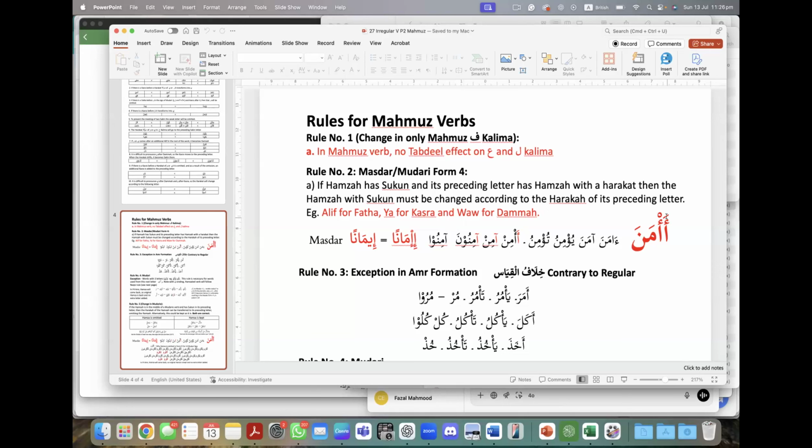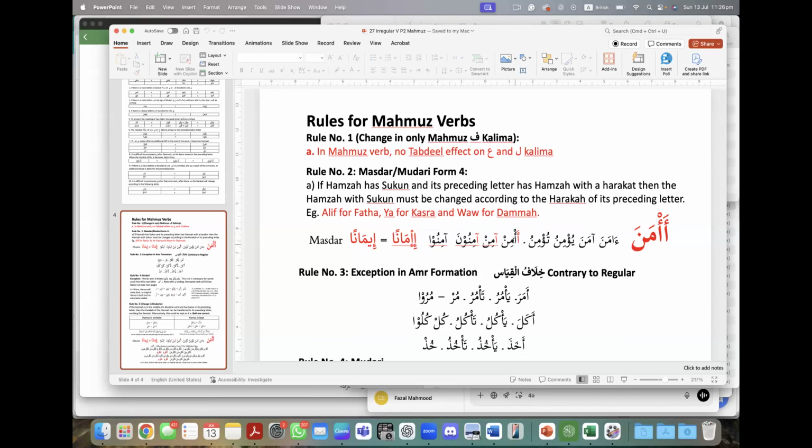Amana, we are referring to amana. It means it's 2 hamza, so it is a long mad here, which means the amana sound. Yu'minu, tu'minu, now amin.